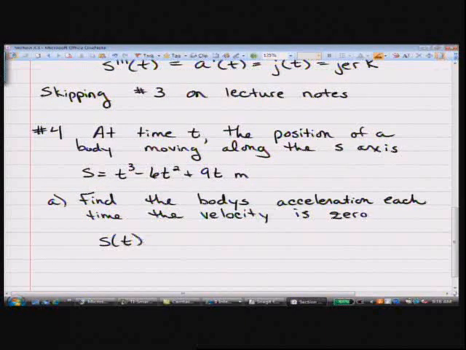We know s of t is equal to t cubed minus 6t squared plus 9t. Okay? And so how would we find the velocity? Well, we just learned that the velocity is the derivative of position. So we will just take the derivative of this function.